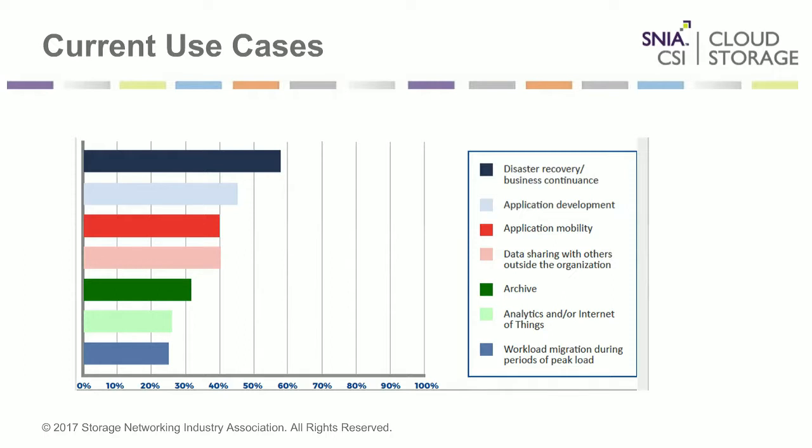But the other thing you can see here is a progression, to me anyway, starting with disaster recovery or business continuance as a use case, which is very common in hybrid cloud architectures. I think that's because people typically want to start somewhere in building these, and they want to start at the data layer.